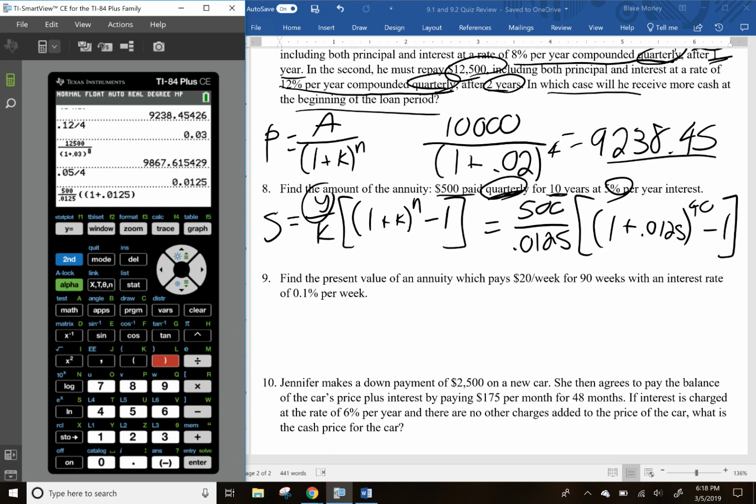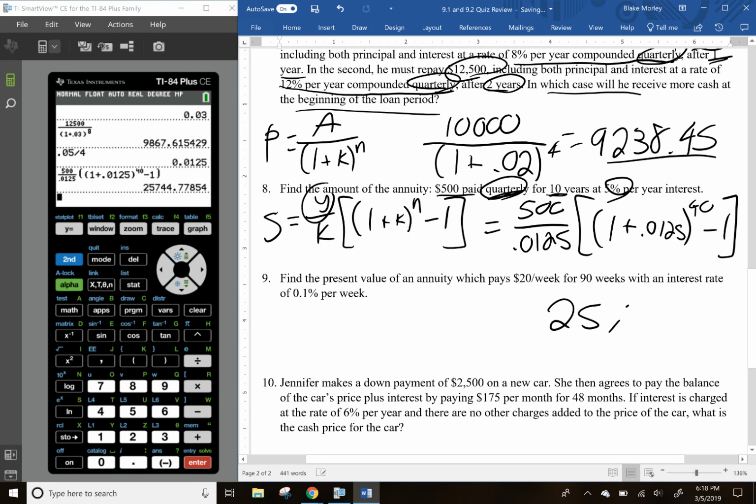Close that, raise that to the 40th power, and then subtract 1 and close that. And we should have what looks like we have on our paper. So hit enter and we get $25,744.78 as the answer for that problem.